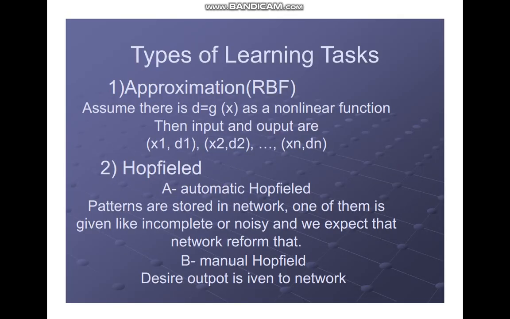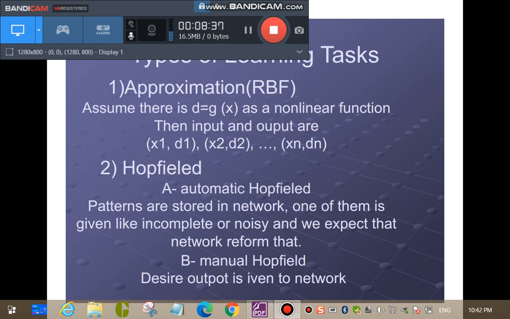Finally, different tasks are defined for the learning process in neural networks. As you can see, a neural network can be used for approximation; you can use an RBF network, for example. A Hopfield network is used for regeneration of signals from noisy signals, which is called signal processing.